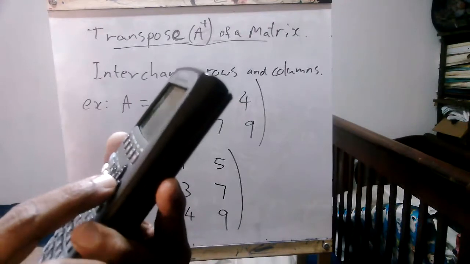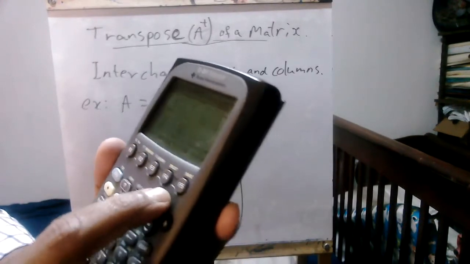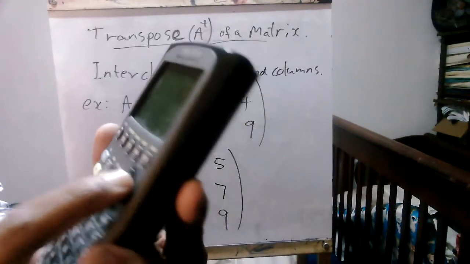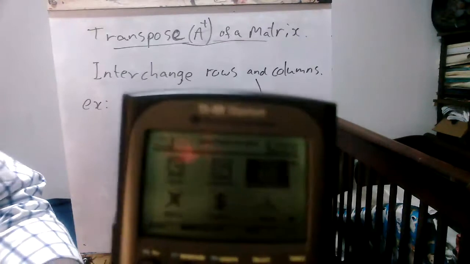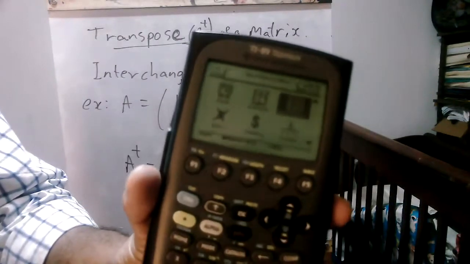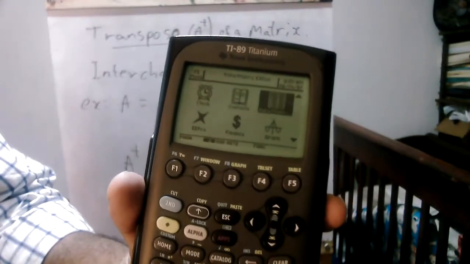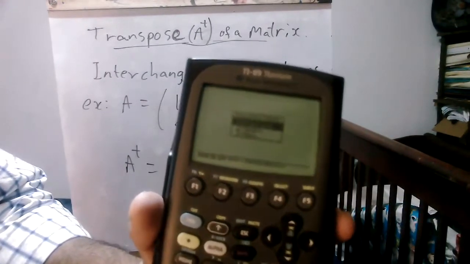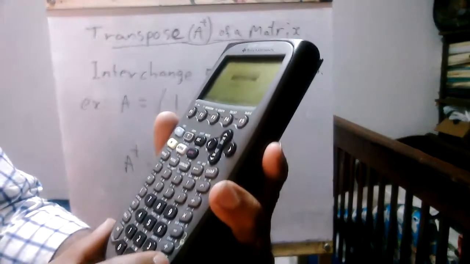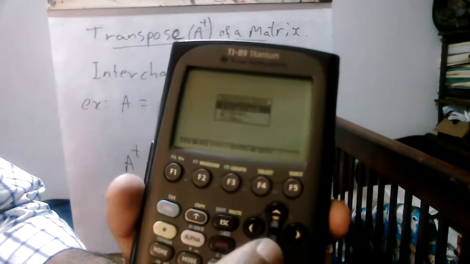Go to data matrix. Data matrix editor. I go to data matrix editor and enter. It's as current, open, new, open a new one.